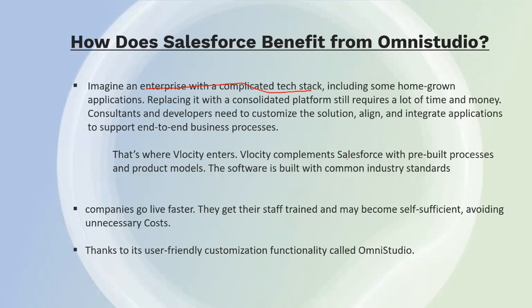OmniStudio complements Salesforce with pre-built processes. Since it has pre-built processes and product models, it is easy to configure, not building everything from scratch. For example, to show a button on the UI with code, you need to write the HTML for the button, and to assign a task to it you need to write JavaScript logic.